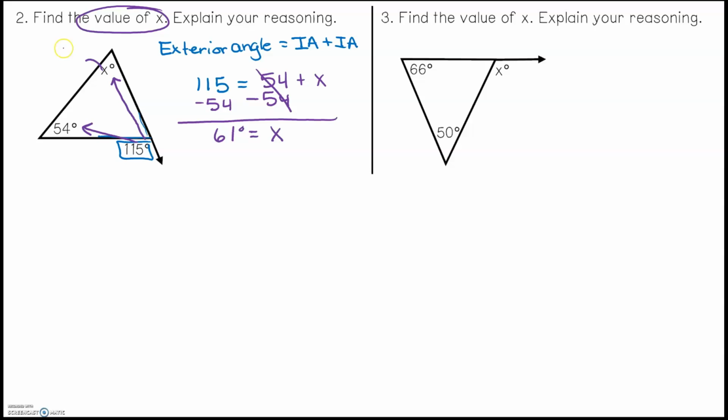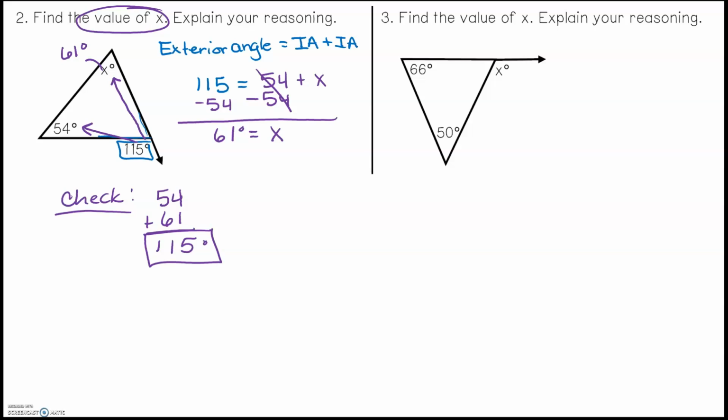So x is 61 degrees using our formula. And we can check that. So then these two angles right here should add up and give me 115 degrees. So 54 plus the 61 gives me 115 degrees. So that means I solved for x correctly.